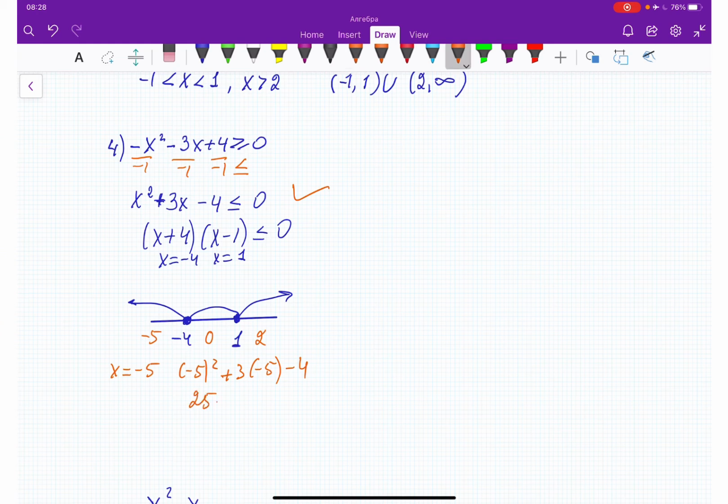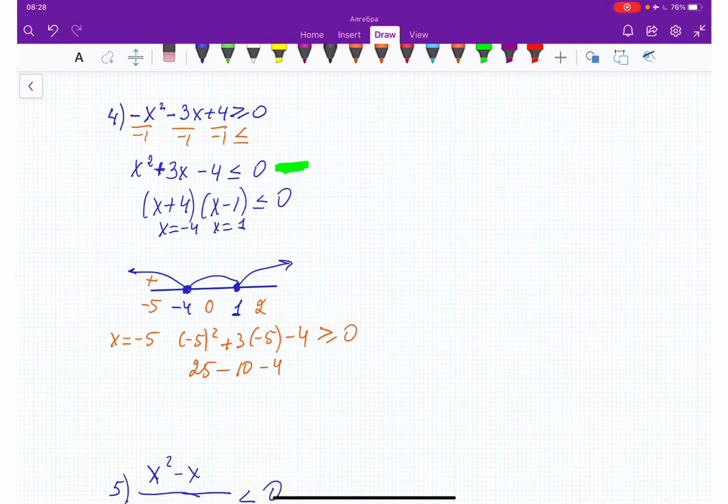So 25 minus 10 minus 4. It's going to be positive, greater or equal to 0. Which means, oh, we need less than. Yeah, I was looking here. Because we are solving with positive x squared, we have to look for less than. So this one is not going to work.